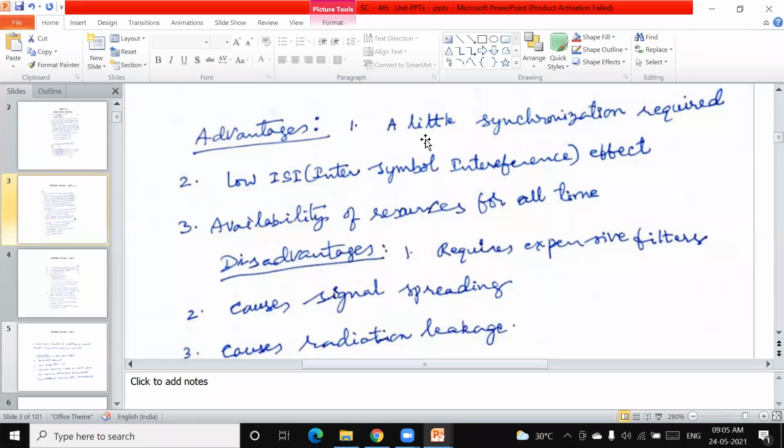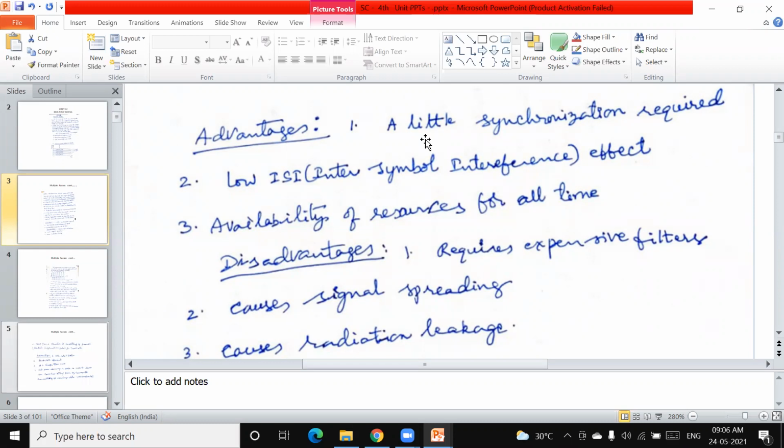That means that access of the satellite all the time is possible, but synchronization of the users to the band is required. It is not much difficult to get this synchronization.